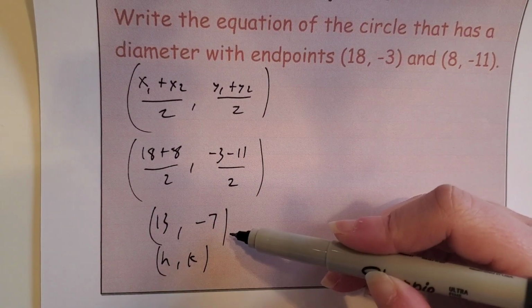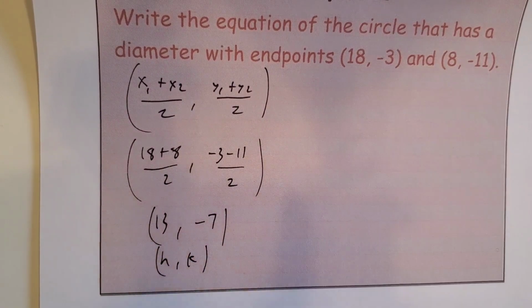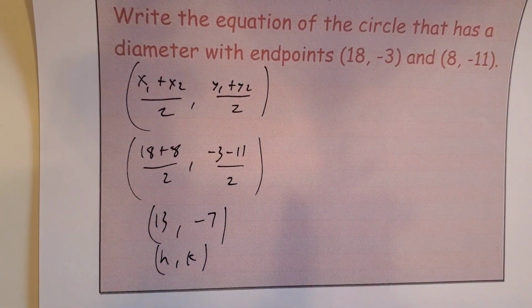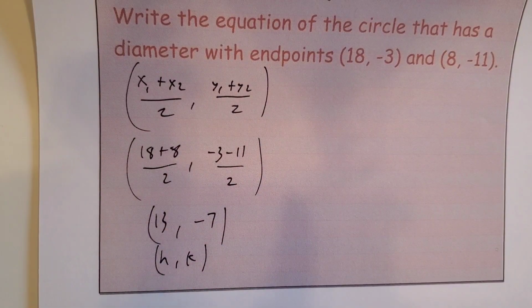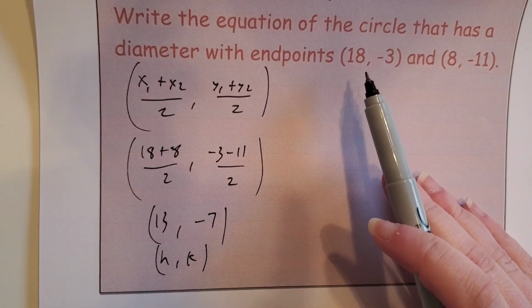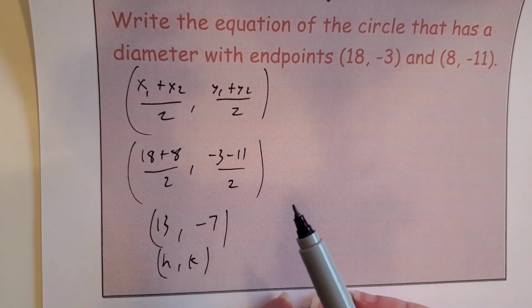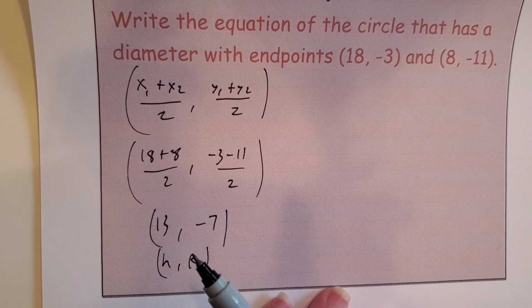So if you know your center, you can find the distance between this point and any one of these 2 points. And you should get the exact same thing regardless of which point you pick. All right? I personally don't want to deal with that 18 for some reason, so I'm going to pick this one. You guys have the freedom of choice. If you did pick this 18 comma negative 3, you should get the exact same radius that I do.